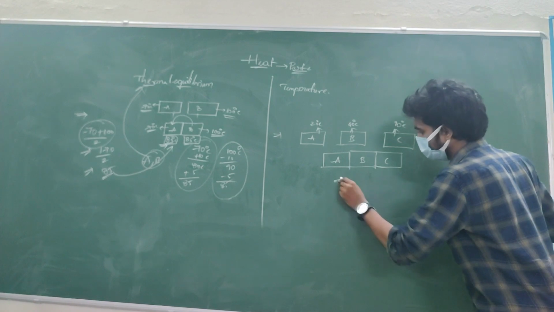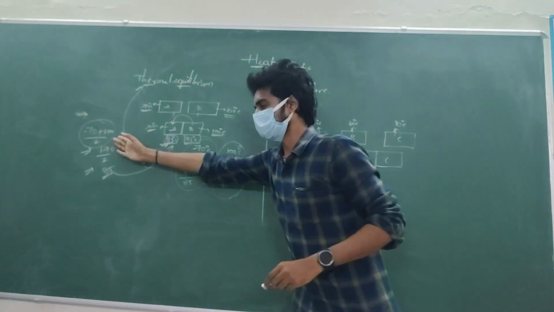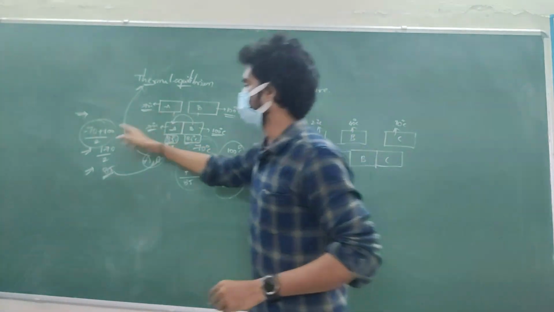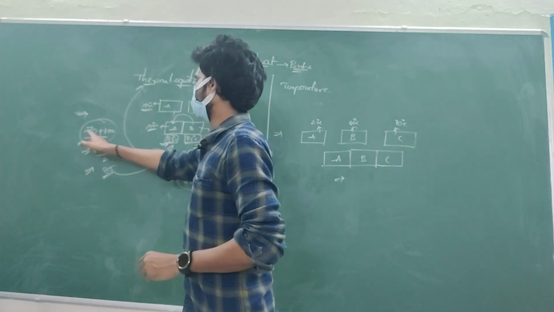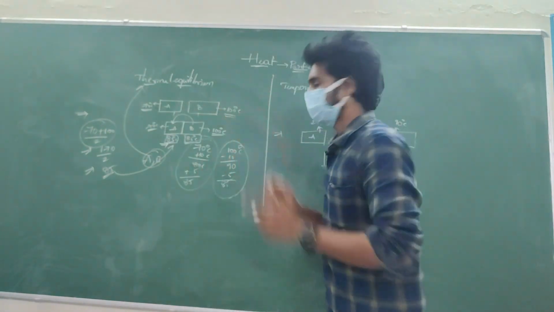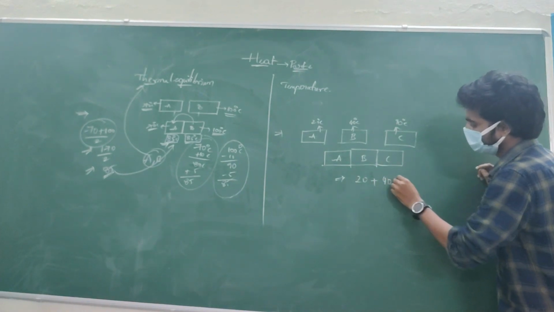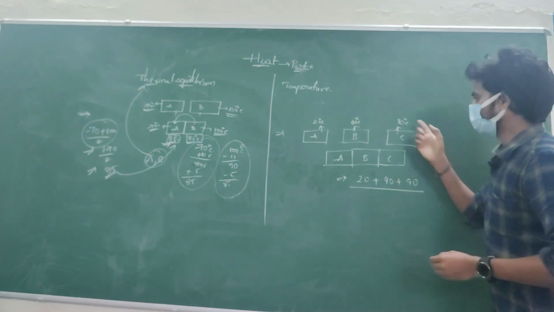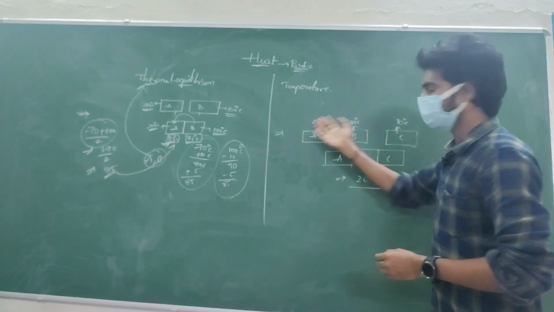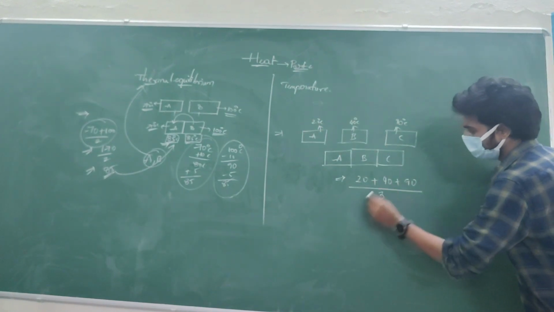Now, in this case, to do this is very simple. You need to do the average. Earlier there were only two objects, so we did the average for 2. We add those 2 and divide by 2, right? In this case, we need to add these 3, 20 plus 40 plus 90, divided by the number of substances, 1, 2, 3, right? You need to divide it by 3.